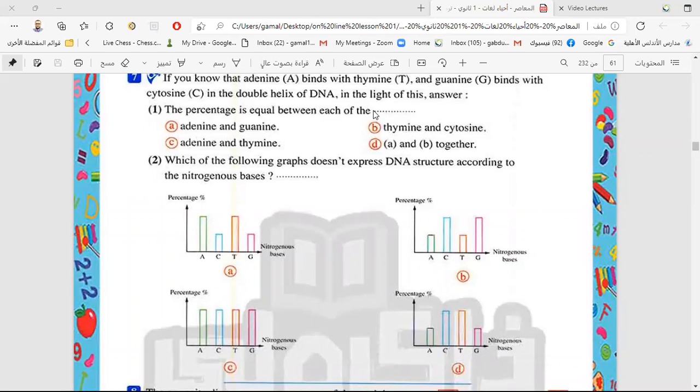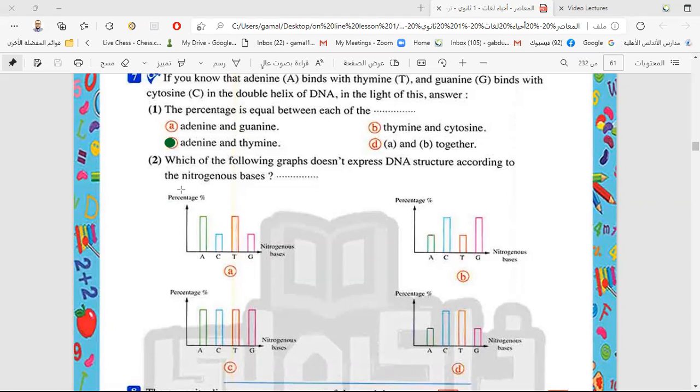Thymine and cytosine, no. Adenine and thymine, yes, this is correct. Adenine and cytosine always bind together, so they have the same number, the same percentage. Adenine and thymine. But A and B is wrong. So the correct answer will be adenine and cytosine.